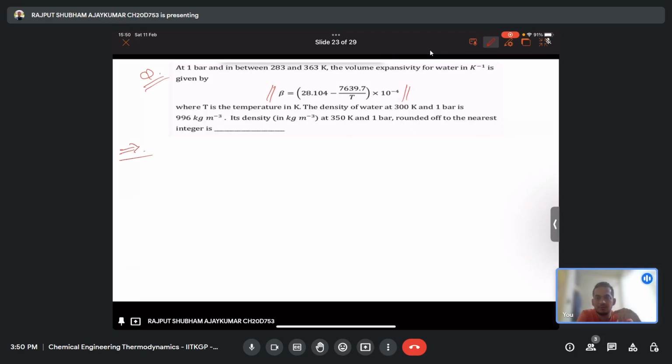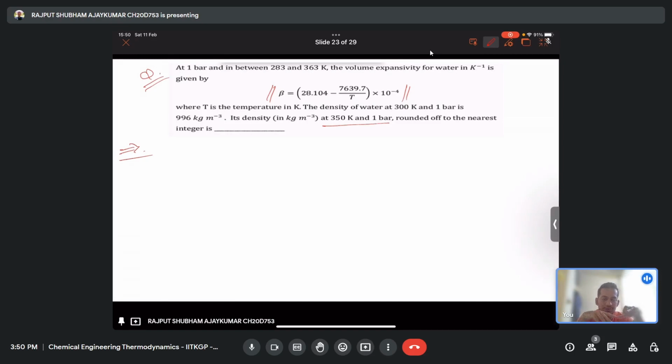What is given is the density of water at 300 Kelvin and 1 bar is 996 kg per meter cube, and they have asked for the density of water at 350 Kelvin and 1 bar. If the temperature increases, what will happen to the expansivity of the water? The simplest way to think: if you take water at normal temperature and pressure, the system occupies some volume.